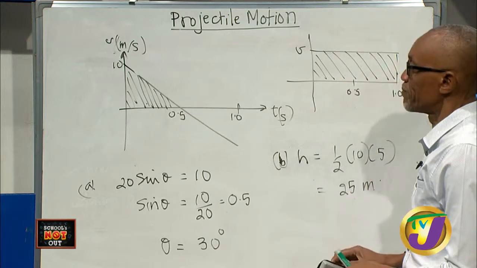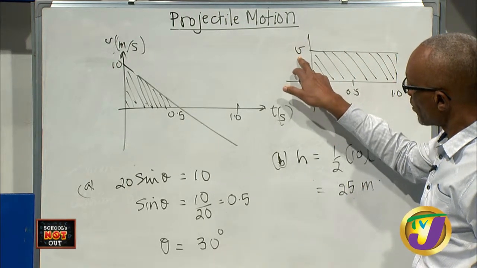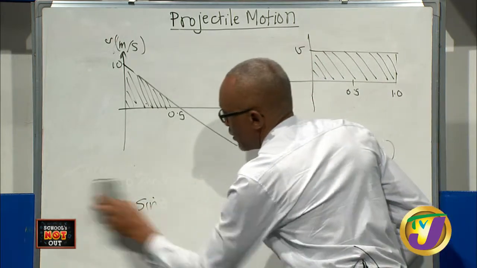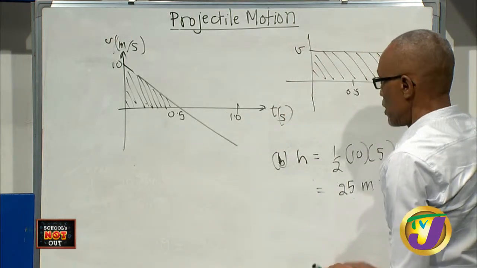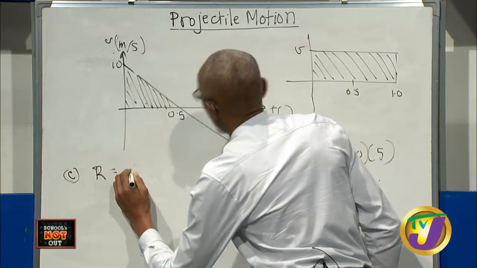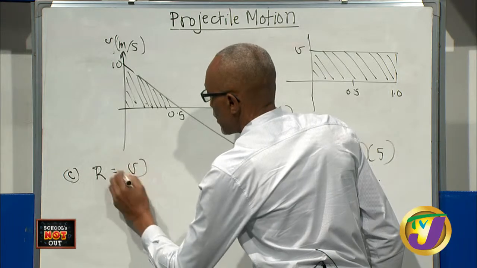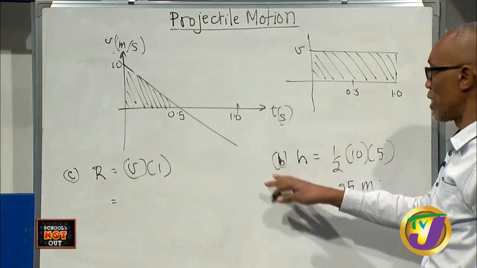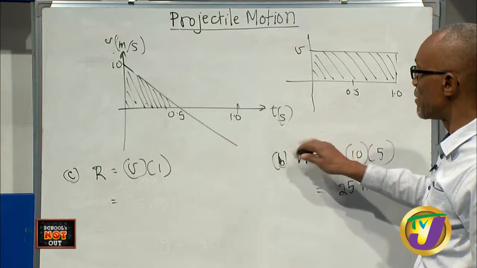All right, but what we need to determine first is v. I'll erase this first part here. This is part C. We know that r is equal to v times 1.